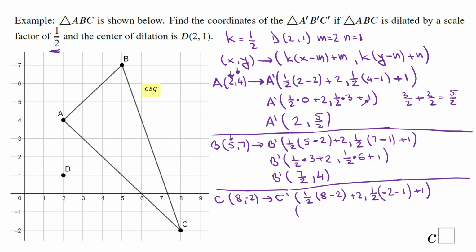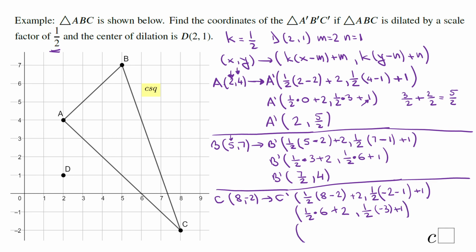Let's see what kind of simplification we can do here. 1/2 times 8 minus 2 is 6, plus 2, and let's go to the y coordinate. 1/2, negative 2 minus 1 in fact is negative 3, plus 1.